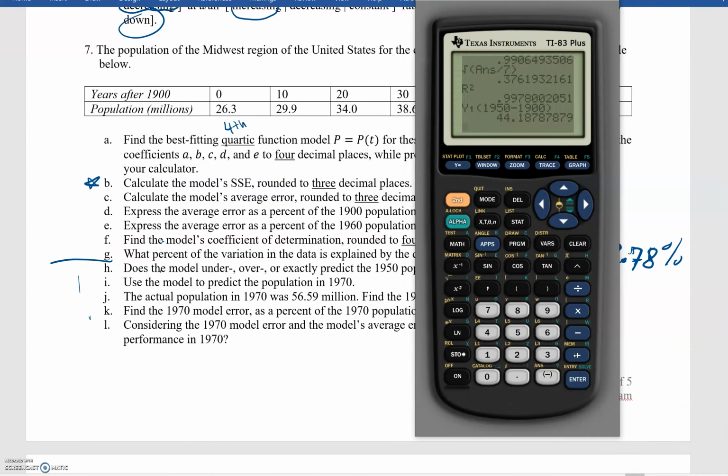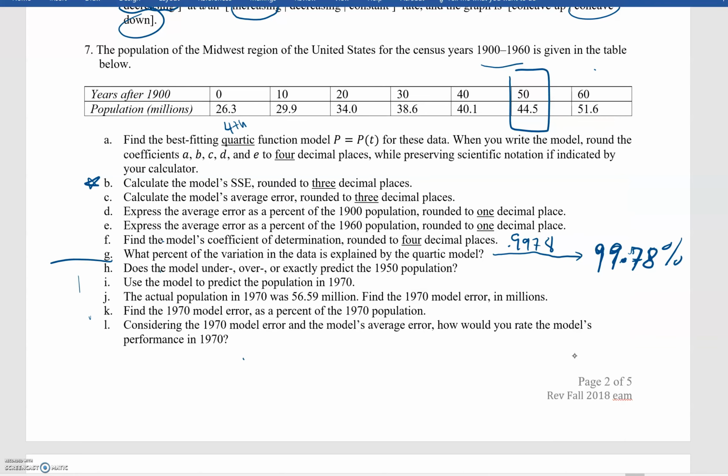And that's 44.188 actually. So 44.18 is predicted, and so it is smaller, so it underpredicts. The model underpredicts the actual population.